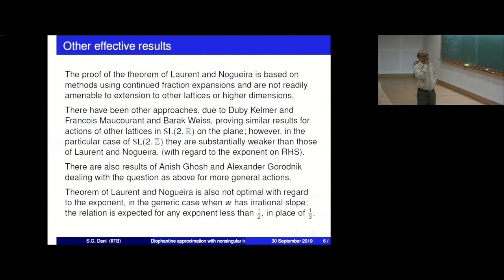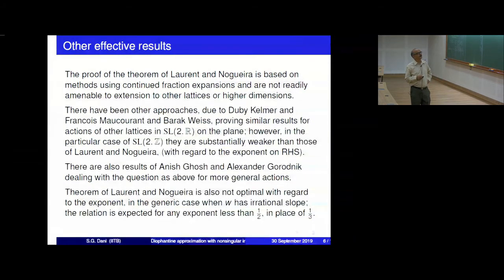Okay, so here is a word about the techniques. The proof of the theorem of Laurent and Nogueira is based on methods of continued fractions. I think many of you would probably be familiar with the connection between the SL2Z action and continued fractions, and this has been used very fruitfully in many contexts, and in particular in this result.